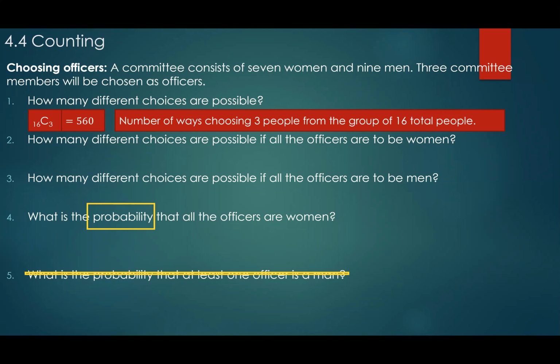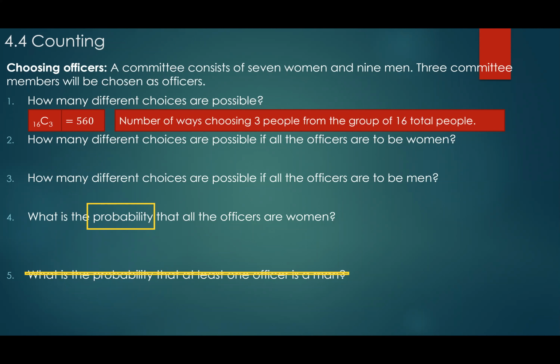And why does the order not matter here? Because they don't give us any specific title like president, vice president, CEO, or project manager. If they don't give us any rank, order, or title, then it's a general combination.